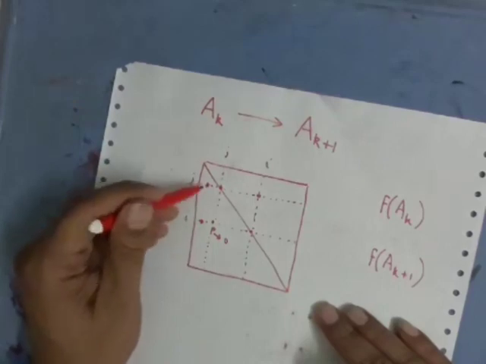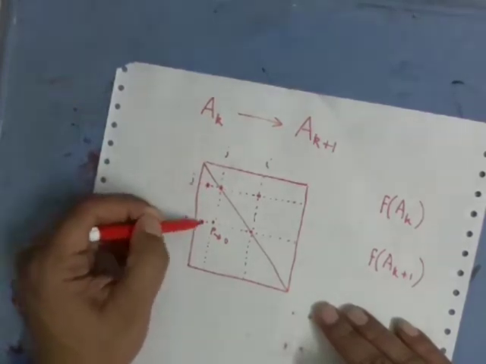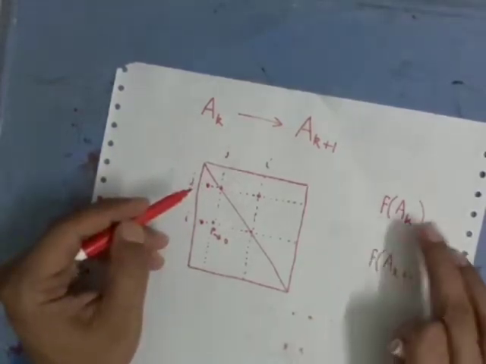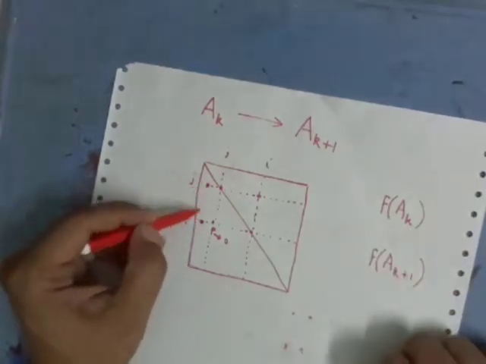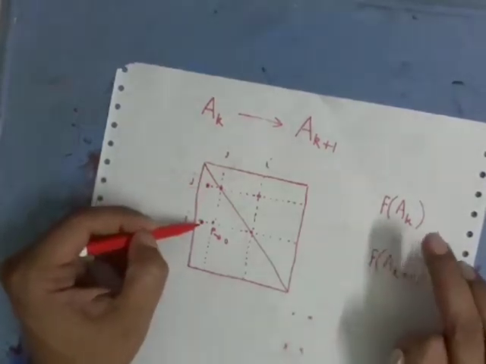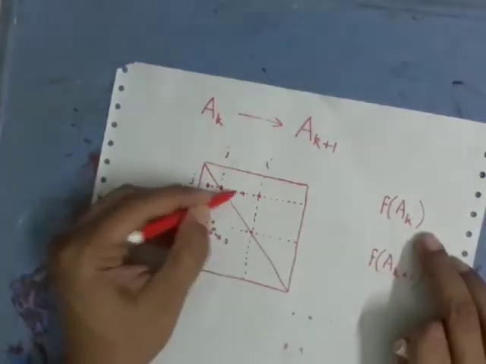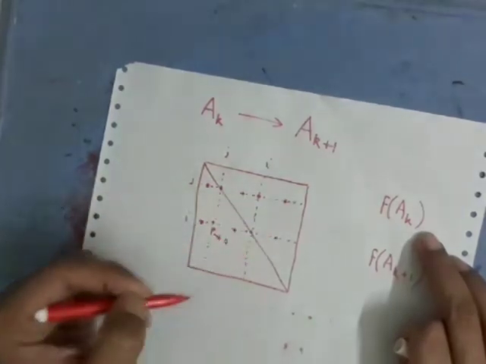They may be redistributed, but the total must remain the same. Since both of them are diagonal entries, both still remain outside the scope of the f function. As a result, any change in these entries will not change f of A k. Same is true about these 2 entries, both being diagonal. Same is true about these entries.